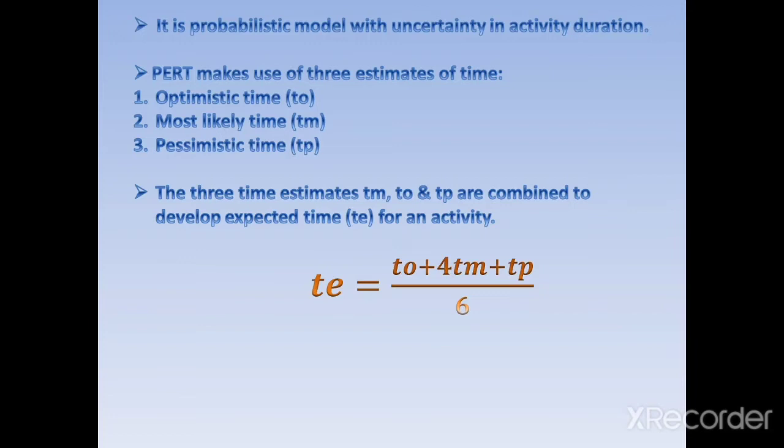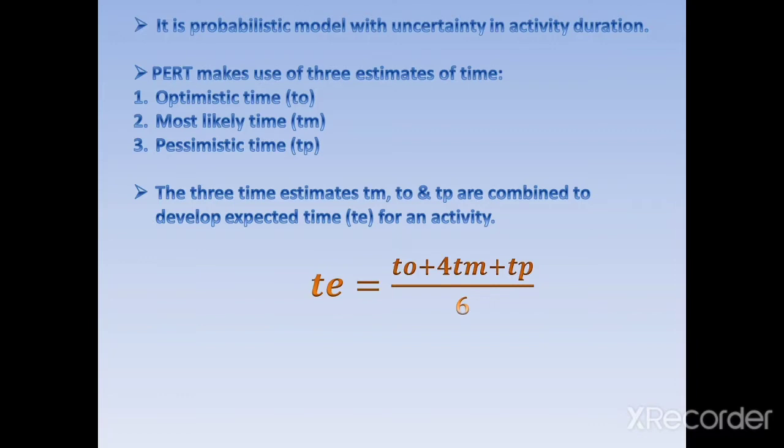So why do we consider these three times? Suppose the optimistic time is calculated by considering that everything is going smoothly while completing that activity. If everything goes smoothly during the activity, how much time will it take?